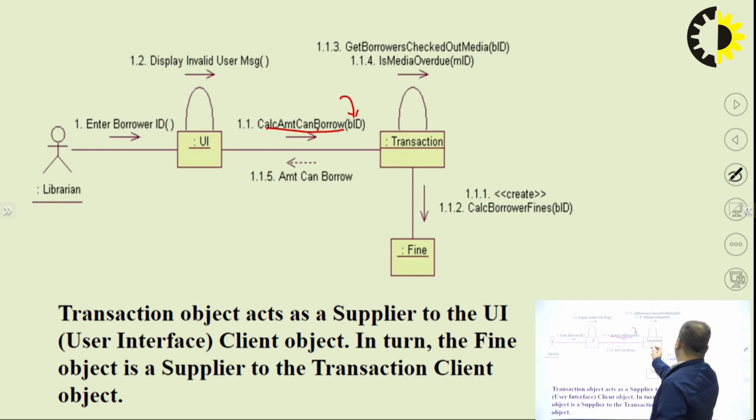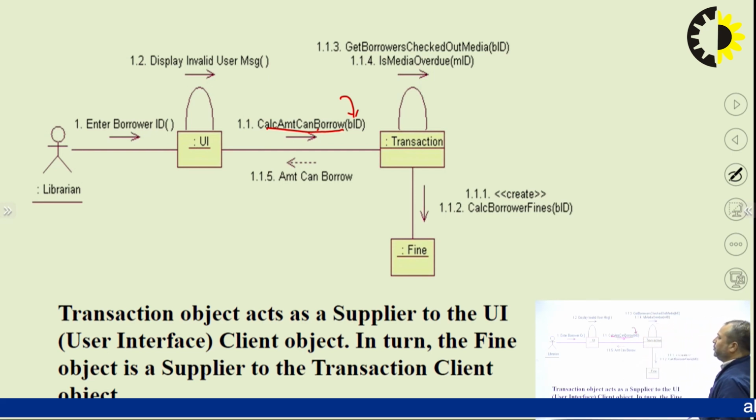After that, 1.1.1 create, calculate borrower fine by using the BID. Then get borrower checked out media. Is media overdue? Then 1.1.4, right? And this is called recursion. So the sequence of communication of various objects is shown even in the collaboration diagram.